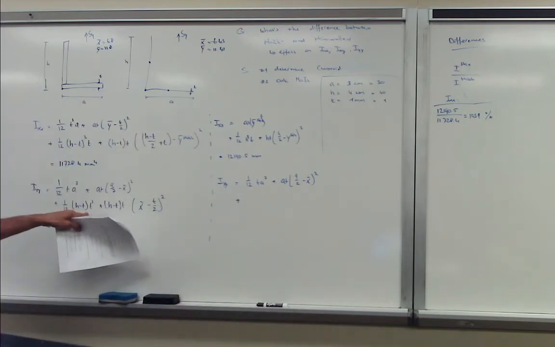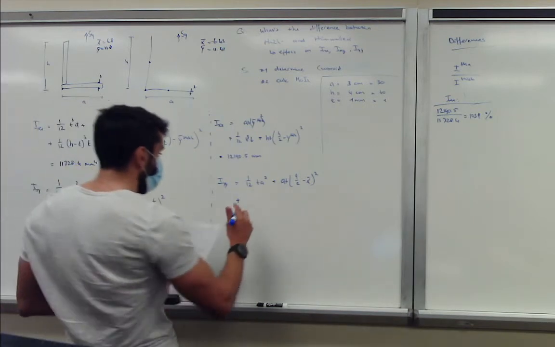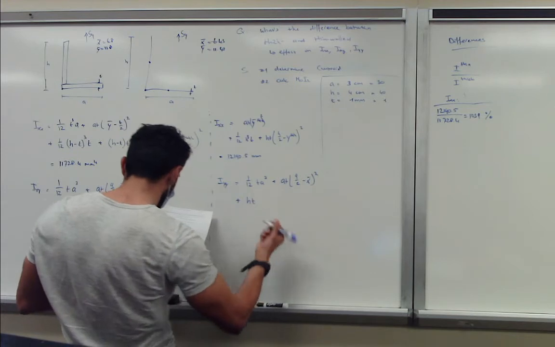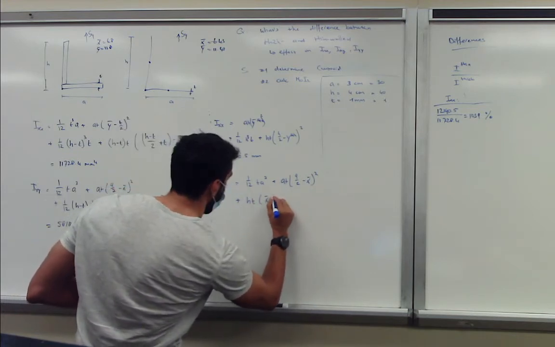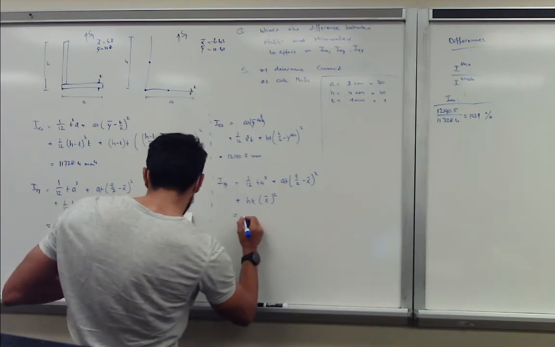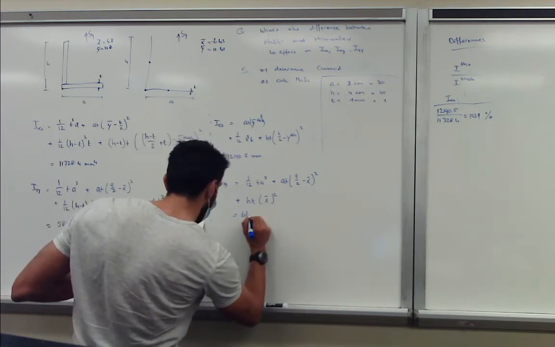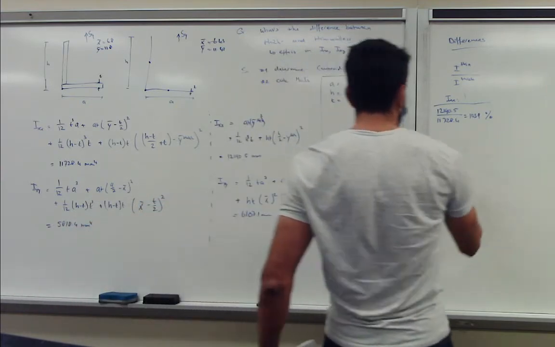Here the t cubed term disappears, so we only have to deal with this section. So we get ht and then x bar squared. If you do this, you get 6107.1 millimeters to the fourth.